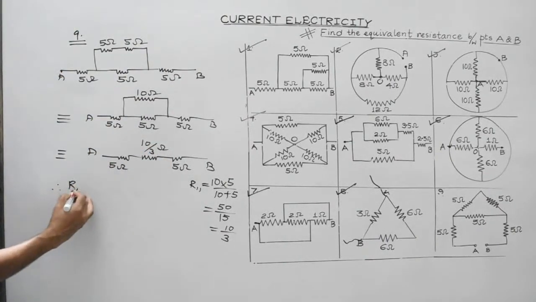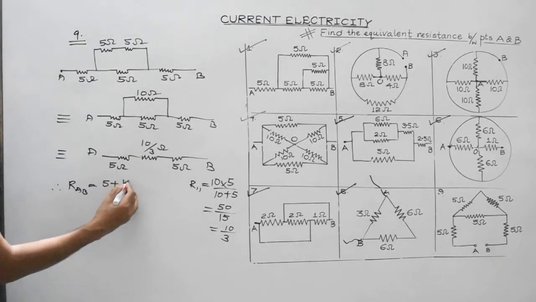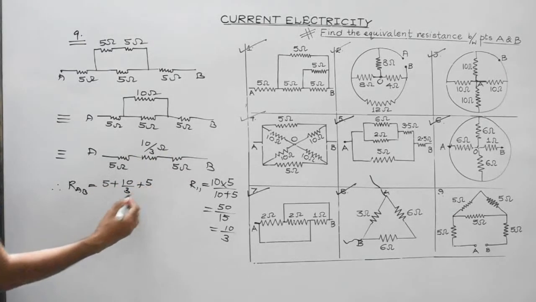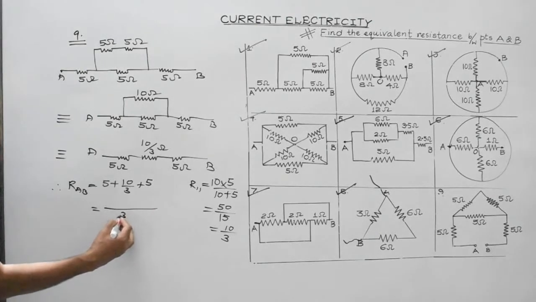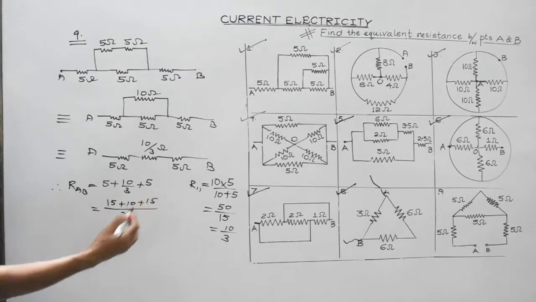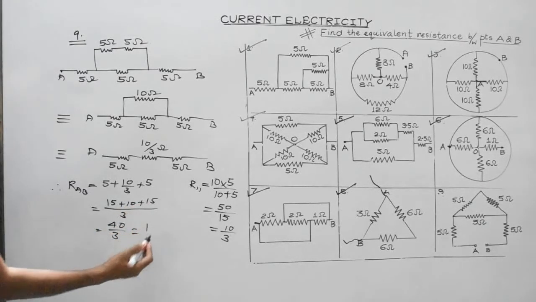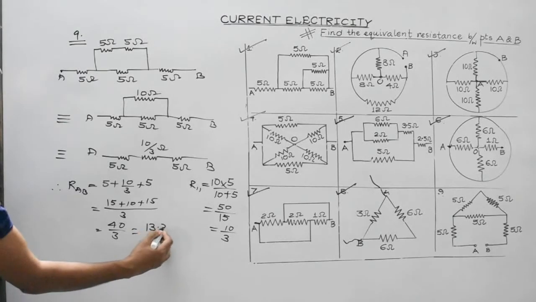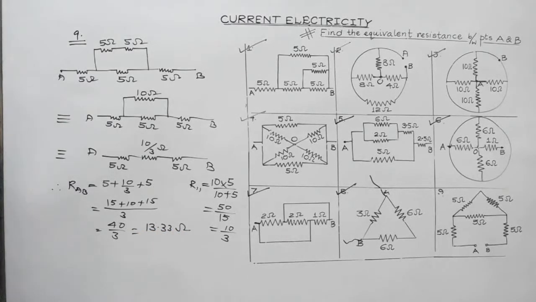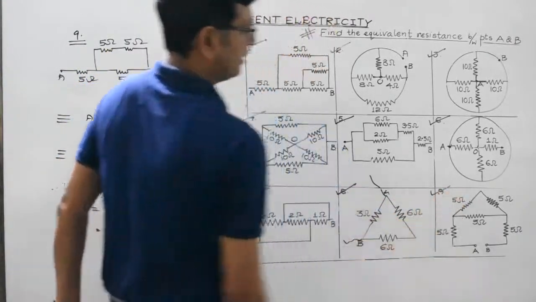Therefore, resultant equivalent resistance with the points A and B will be 5 plus 10 by 3 plus 5. So it will be 3, 15 plus 10 plus 15, isn't it? So it will be 40 by 3. So it will be 13.33 ohm. This is the equivalent resistance between the points A and B for question number 9.